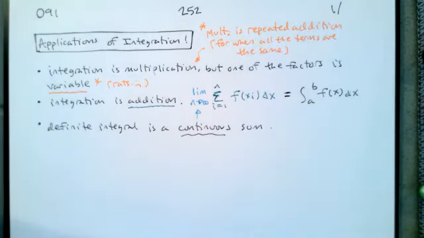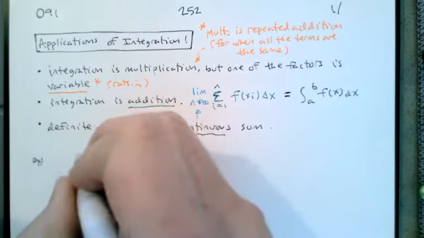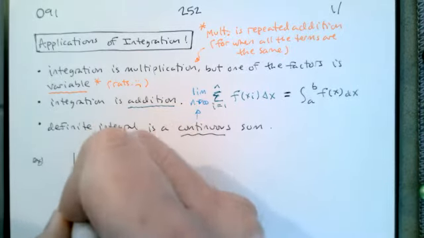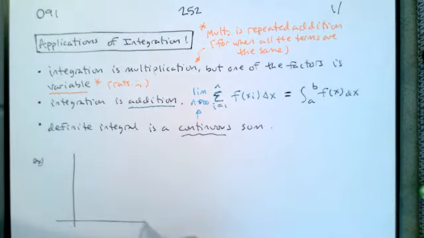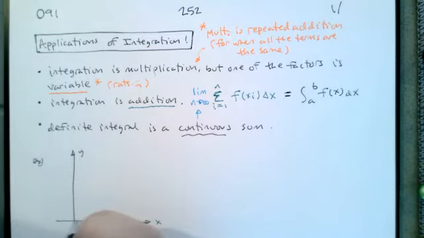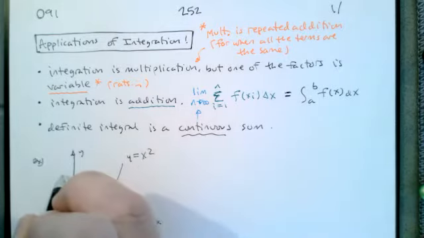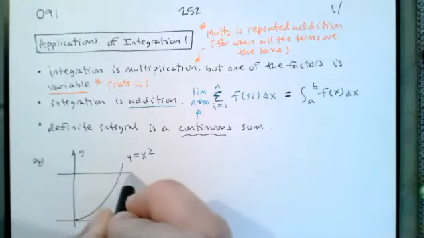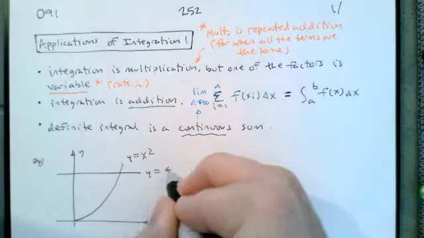Let's look at a problem, like what we've done before. Let's consider this region. I'm going to just use this parabola because I always use this parabola. y equals x squared. And I'm going to have the horizontal line y equals, how about 4?